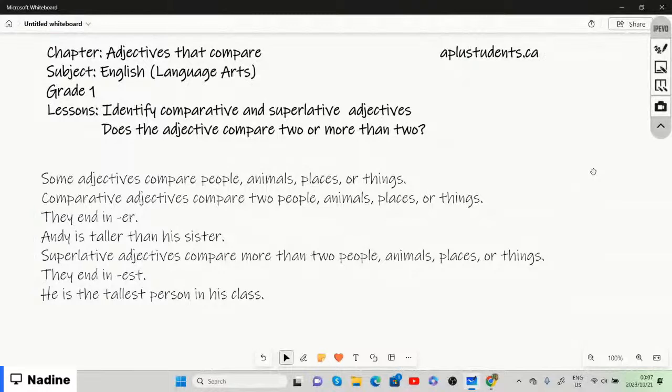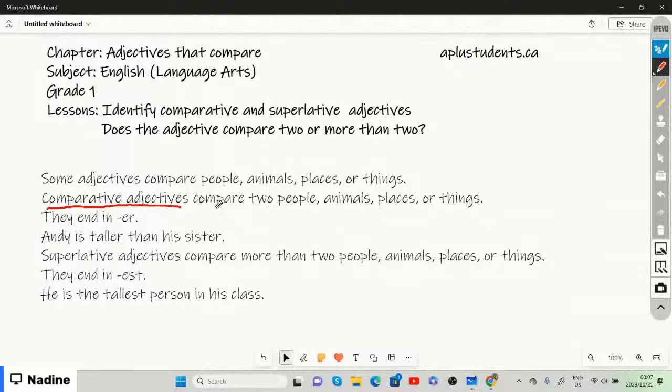Comparative adjectives compare two people, two animals, two places, or two things, not more than that.